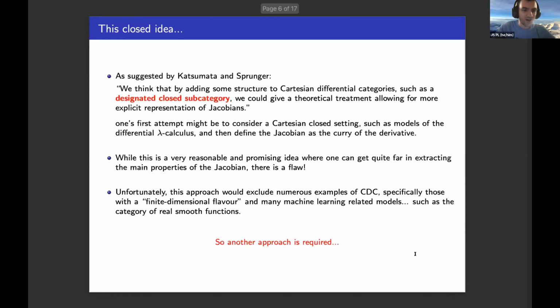But there's a crucial flaw. Unfortunately, this approach would exclude numerous examples of CDCs, specifically those with a finite dimensional flavor. So for example, the canonical example of a CDC, the category of smooth functions, is not Cartesian closed. So another approach is required.